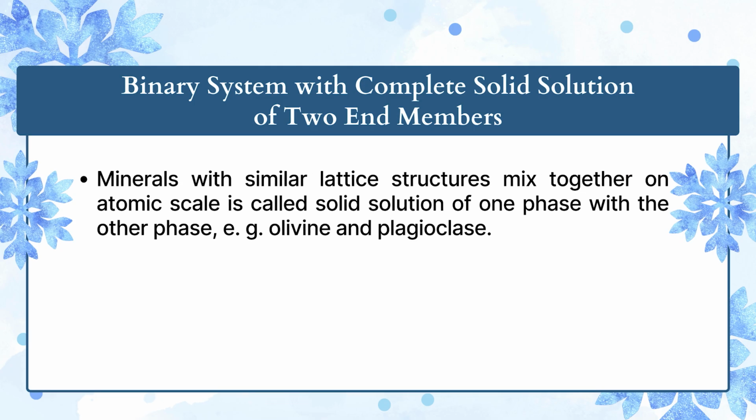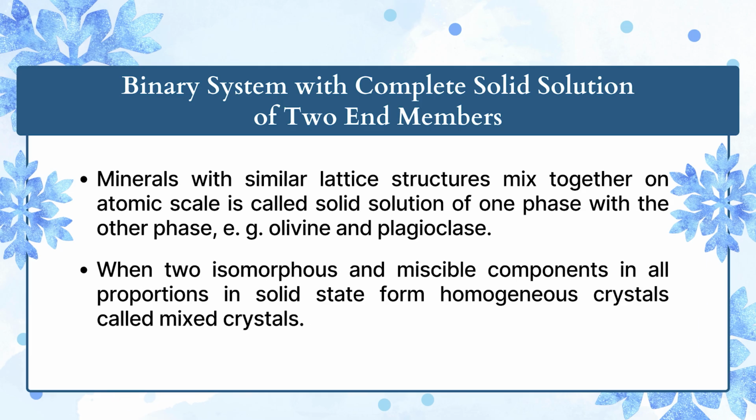Minerals with similar lattice structures mixed together on atomic scale is called solid solution of one phase with the other phase. For example, olivine and plagioclase. When two isomorphous and miscible components in all proportions in solid state form homogeneous crystals, they are called mixed crystals.